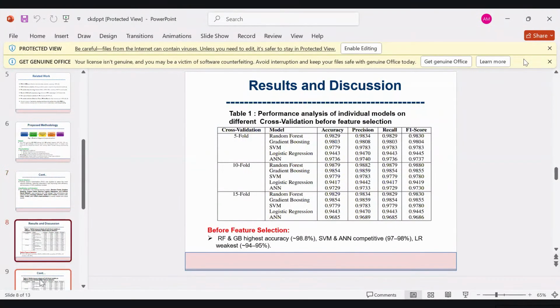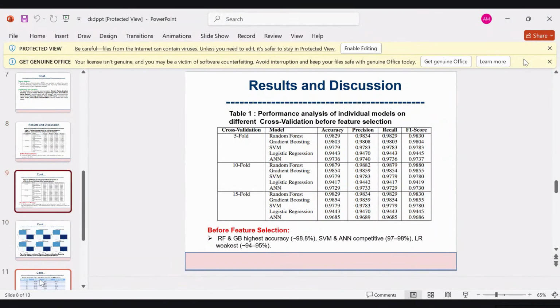So these are our results before feature selection. Before feature selection, for 5 folds, RF, random forest, and GB, gradient boosting, had the highest accuracy, like 99.8%. SVM and ANN were competitive, 97-98%, and LR, logistic regression, was the weakest.